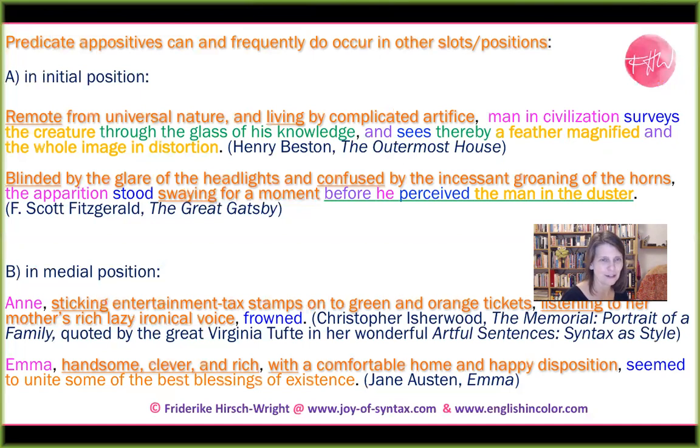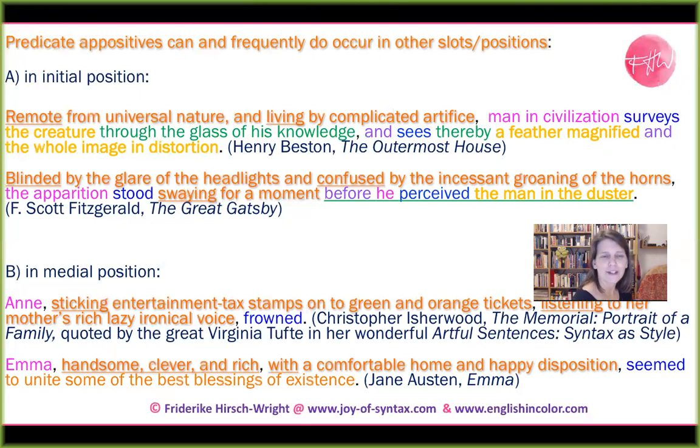I think it's very interesting. And please notice what that does. And then we have all this information of what she's busy with while she's doing the main action, which is to frown. But we don't know yet what the main verb will be, so there's suspense.